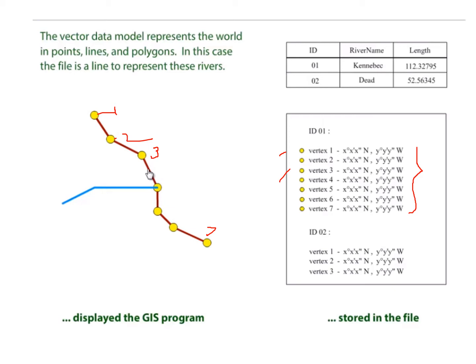The values are not shown here, but they can be represented as latitude and longitude. There are no values mentioned, only written as x, which could be any value. Now id2 here is this, and this is vertex 1, vertex 2, vertex 3, right? So again it has coordinates likewise.